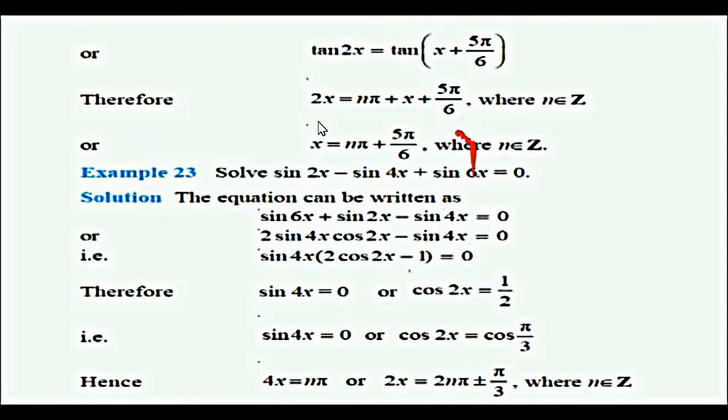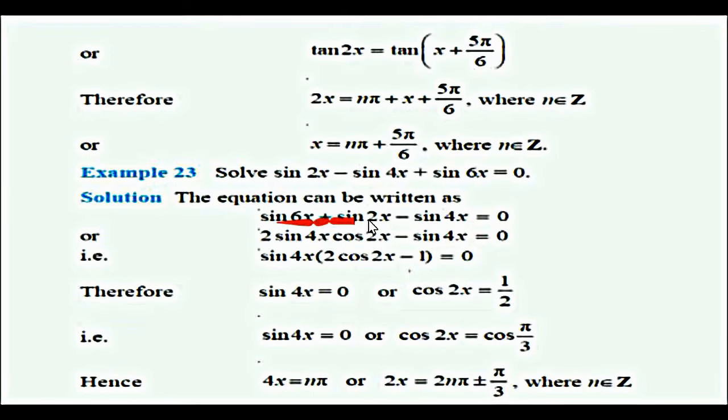But when I combine this 6x with 2x, I am going to get this sin 4x, because (6x plus 2x) by 2 is 8x by 2, that is 4x. So you ultimately have got this. So take this one and this one. We have just taken these two together and kept this on the third side.